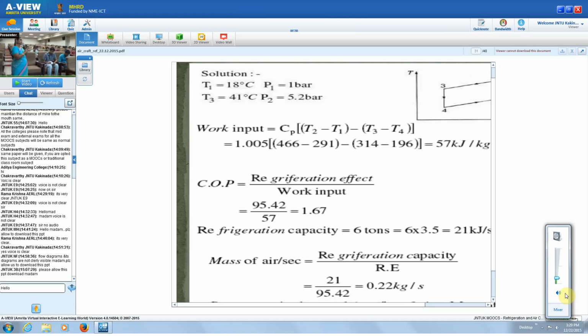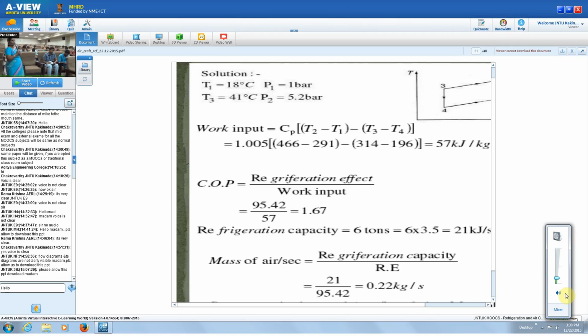T1 is given, you can find T2: T2 by T1 is equal to P2 by P1 to the power of (gamma minus 1) by gamma. Similarly T3 is given, find T4: T3 by T4 is P2 by P1 to the power of (gamma minus 1) by gamma. Then you will get T2 as 466 Kelvin and T4 as 196 Kelvin.